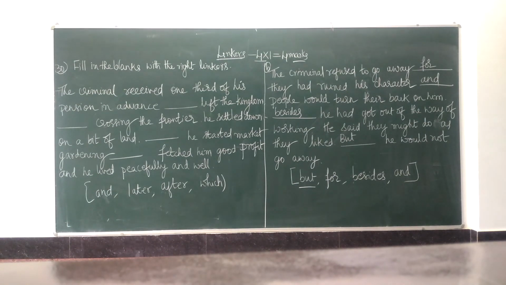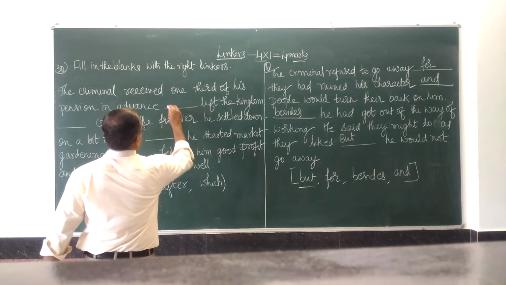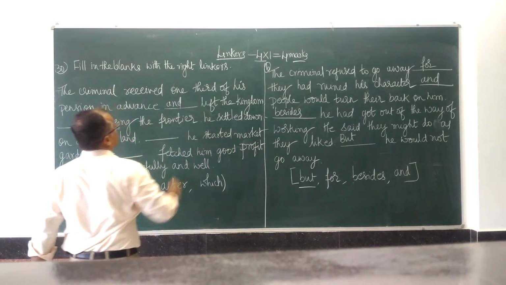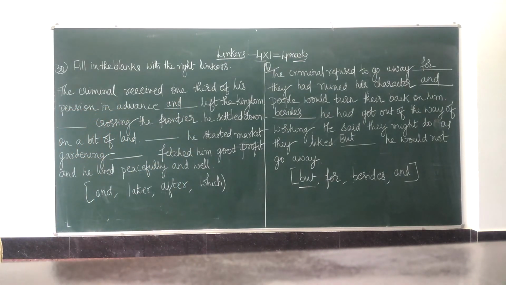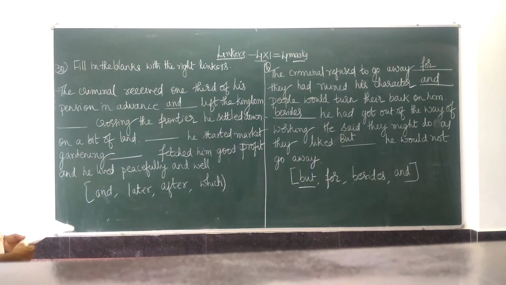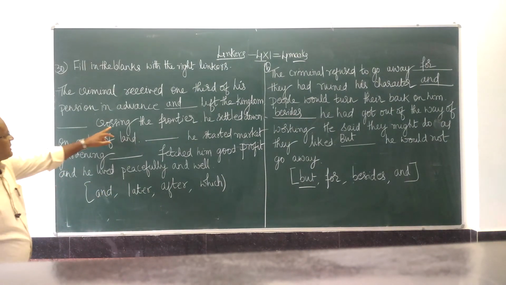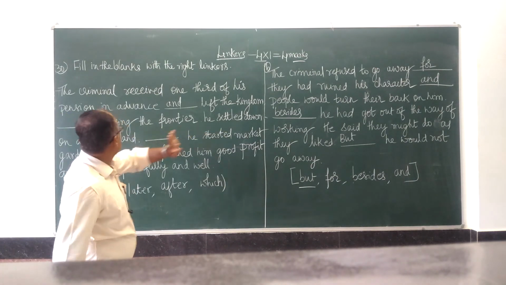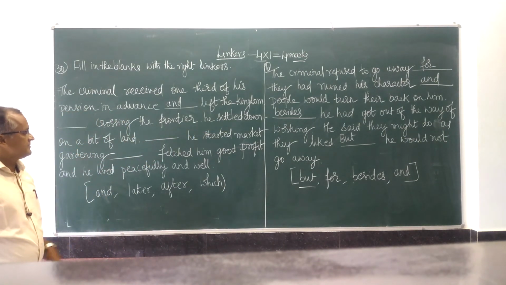The criminal received one-third of his pension in advance. Dash left the kingdom. So we can use the word and: and left the kingdom. Dash crossing the frontier. He settled down on a bit of land. We can use after: after crossing the frontier, he settled down on a bit of land.